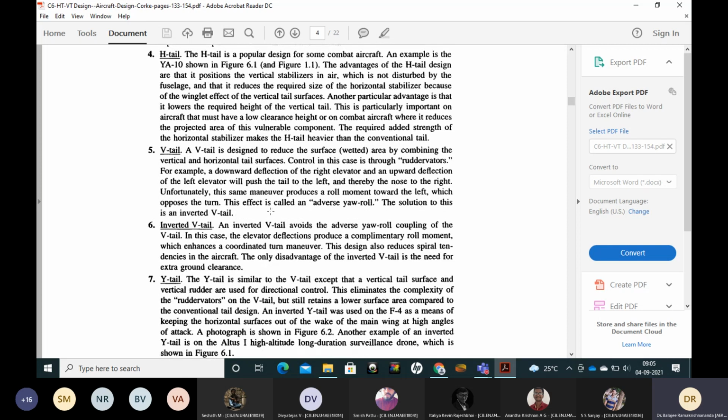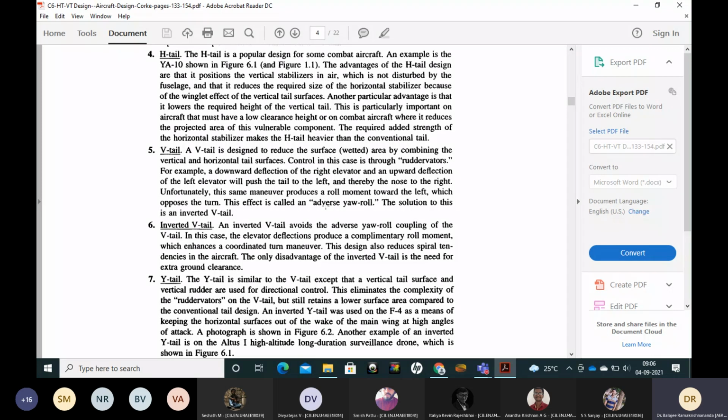So V-tail is usually used for stealth aircraft, and the main disadvantage is you have to control through ruddervators. Okay, so this is difficult to control. There is something called adverse yaw-roll, which means you roll in a certain direction, but then you turn to the right and the plane rolls to the left; something is opposing your maneuver.